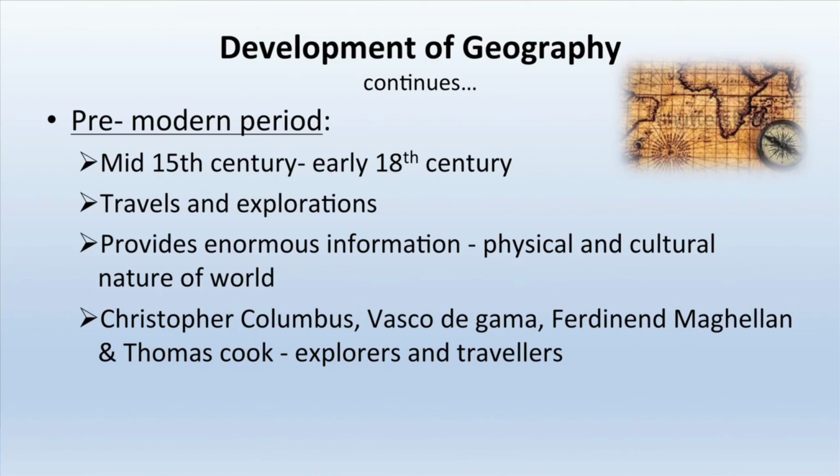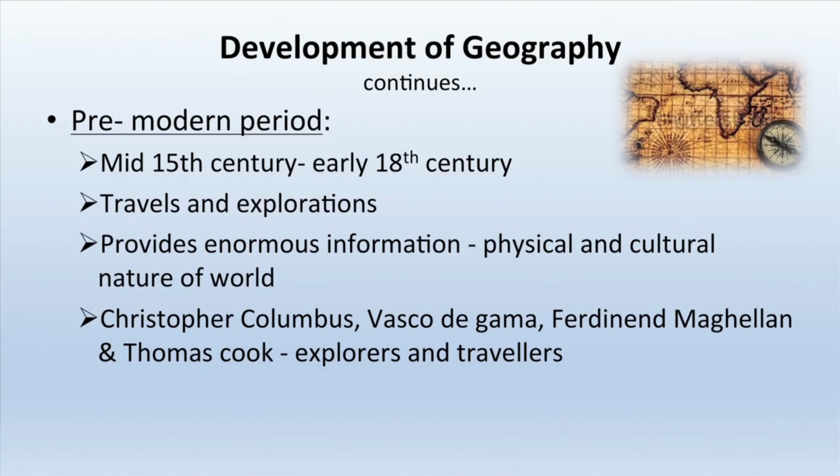Secondly, the pre-modern period. It can be extended from the mid-15th century to the early 18th century. During this period, lots of travels and explorations took place. All these travels and explorations provided enormous information about the physical and cultural nature of the world.